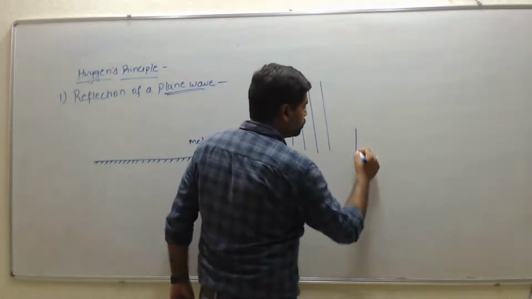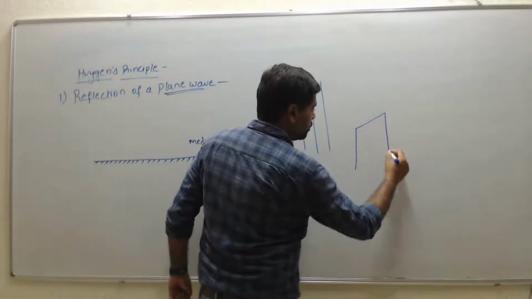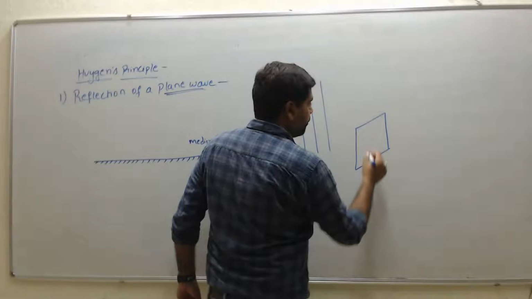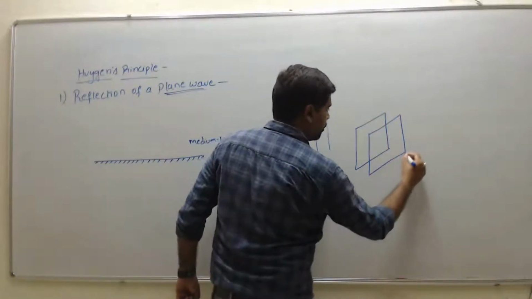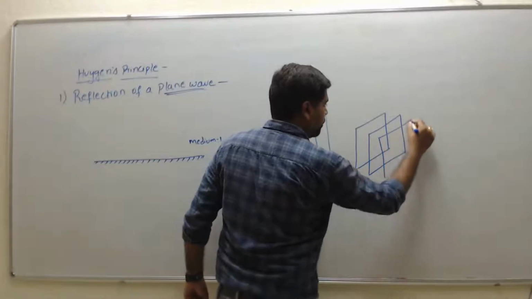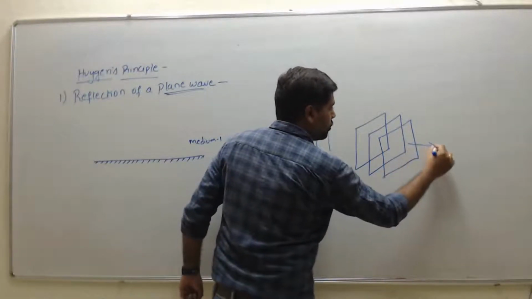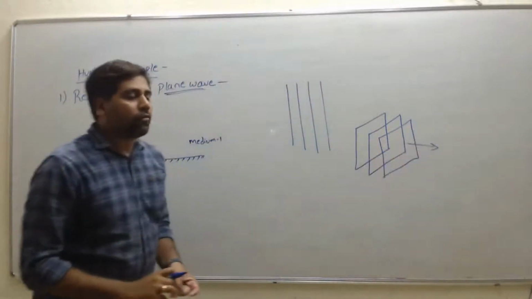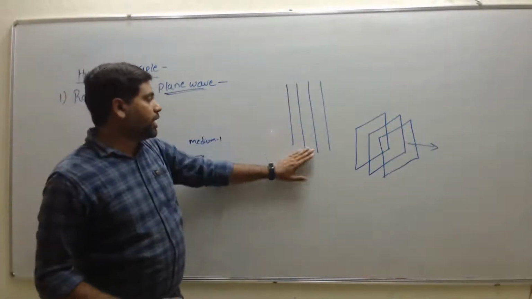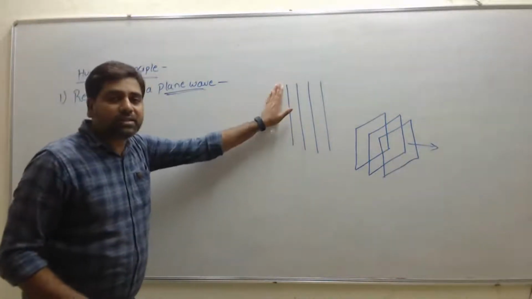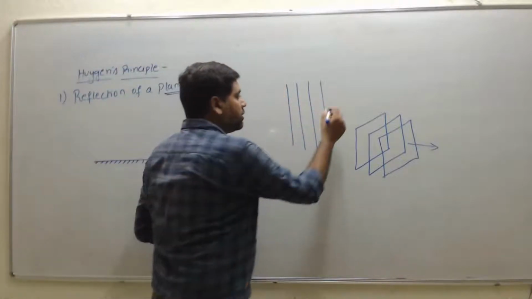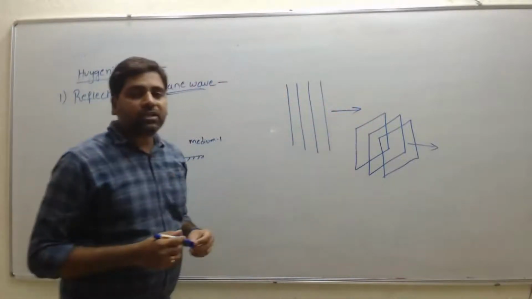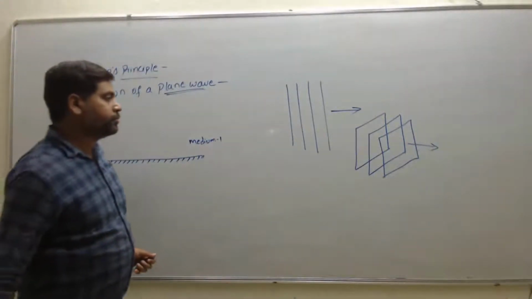Actually the plane means 2 dimensions. So these are the plane waves, and like this they are traveling. Here we are considering plane waves in 1 dimension, that is as a straight line. So these are the plane waves which are traveling in the forward direction.